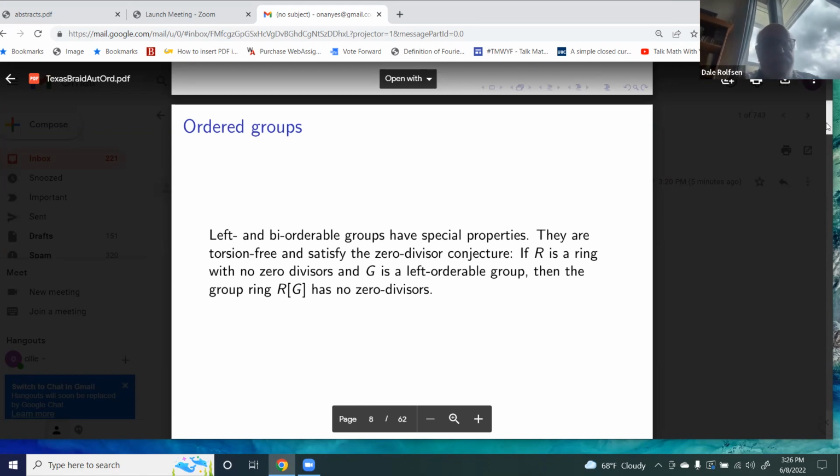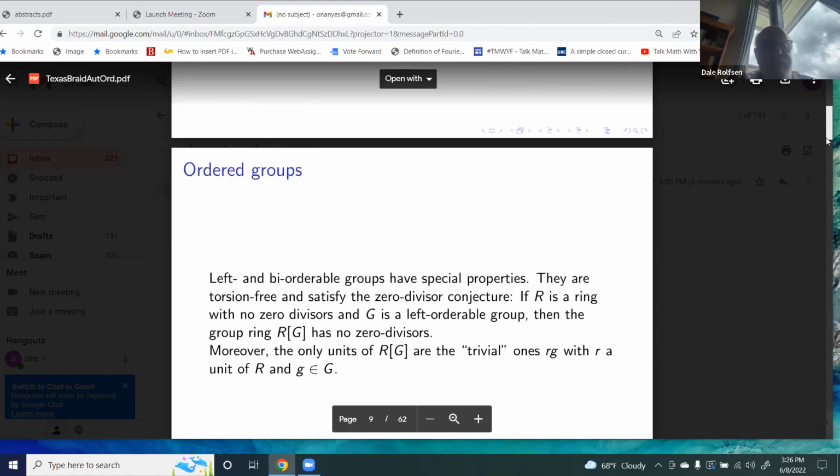But that's an open question yet. Also, the only units are the trivial ones, consisting of r times g with r a unit of R and g a group element. That's not true for torsion-free groups, and there are recently shown counterexamples to that.